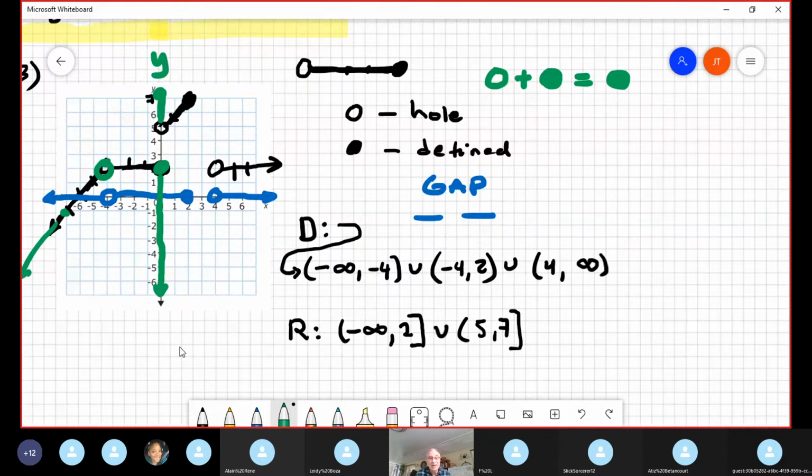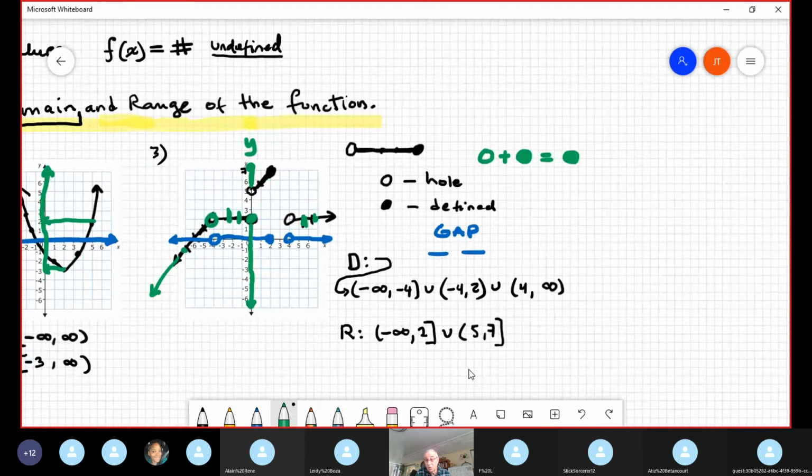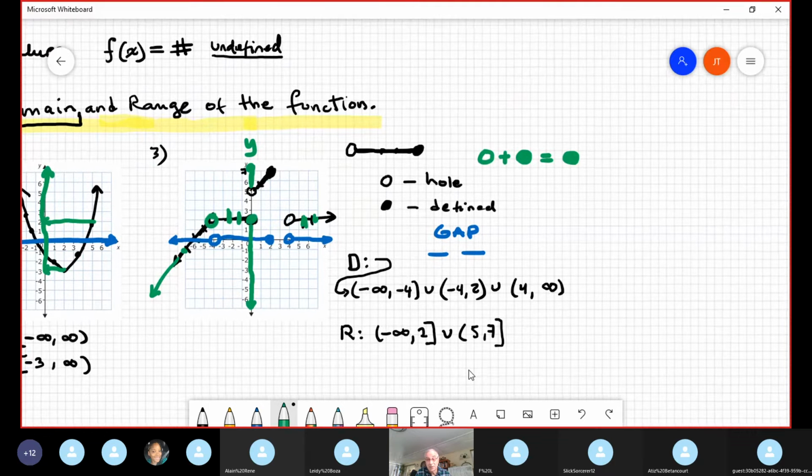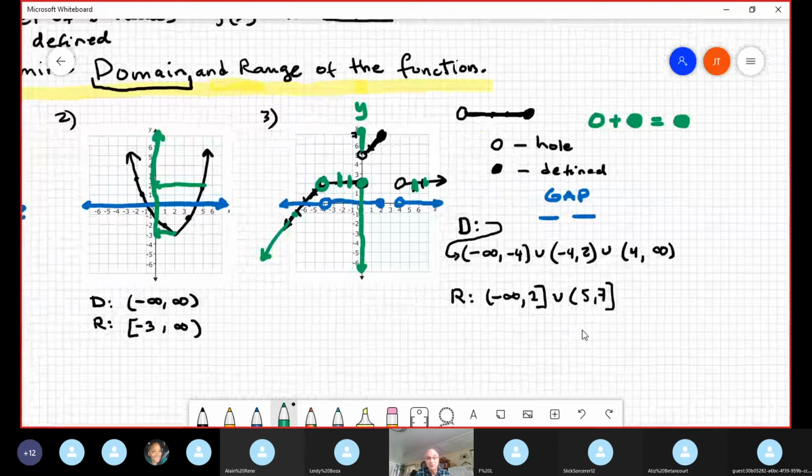Another part is overlap, like this part and this part overlap; you consider it one time. You need to be aware that in the test, I put a complicated example in which maybe you have holes, we have a gap, and you need to determine graphically the domain and range.